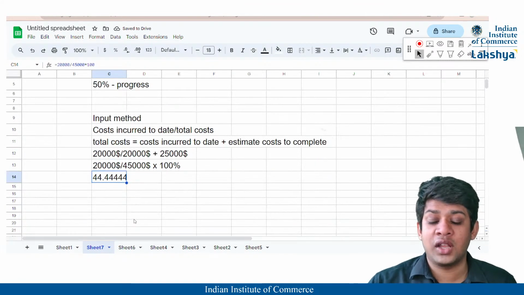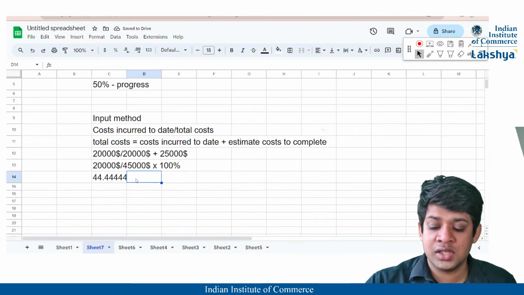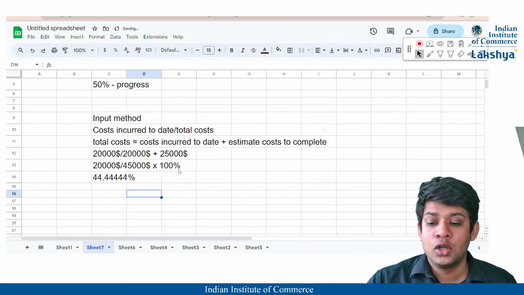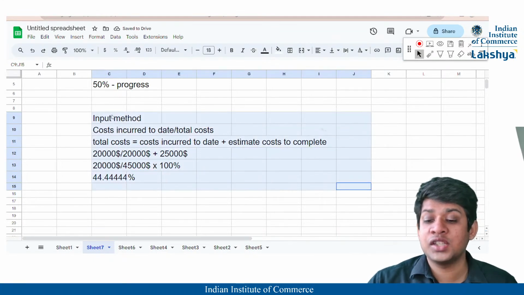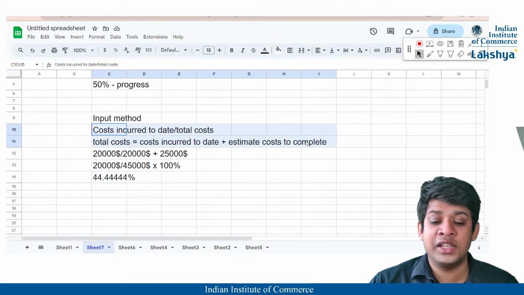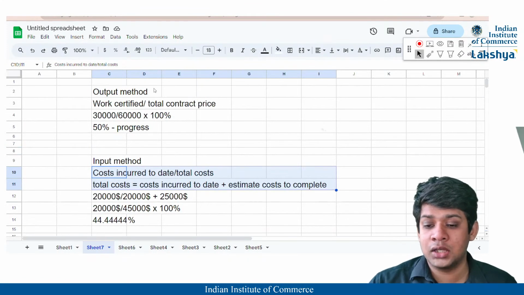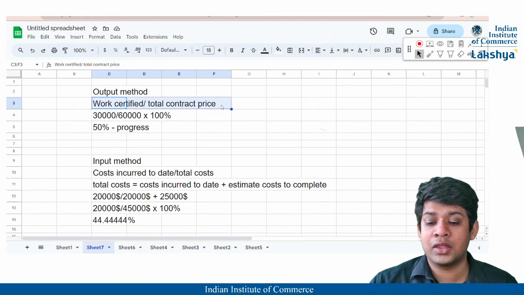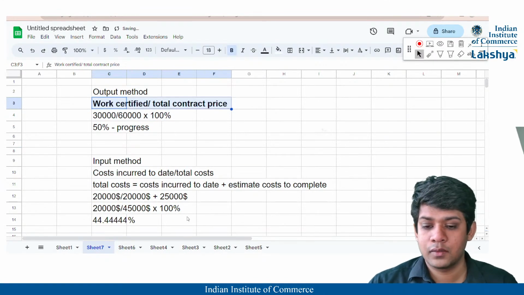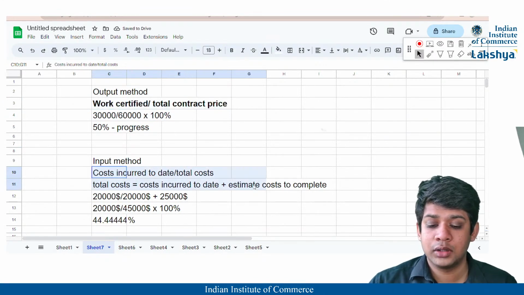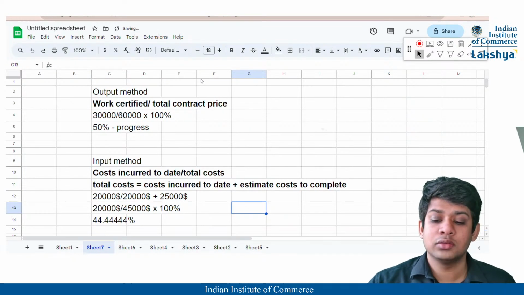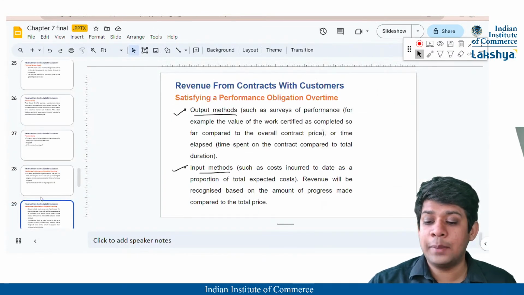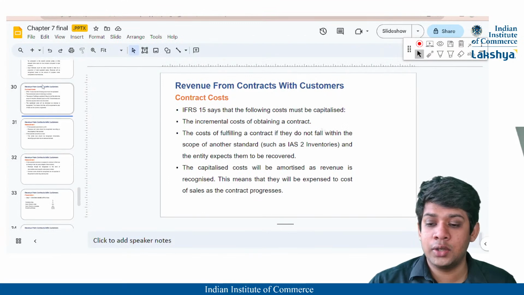That will be, you can say, 44.44% is the completion of the project. So you can actually measure the progress using the input method as well. You just have to keep a note of these two formulae, that is for the input method and for the output method. Okay. This formula and this one. Okay. So I hope the input and the output method is clear to you all.